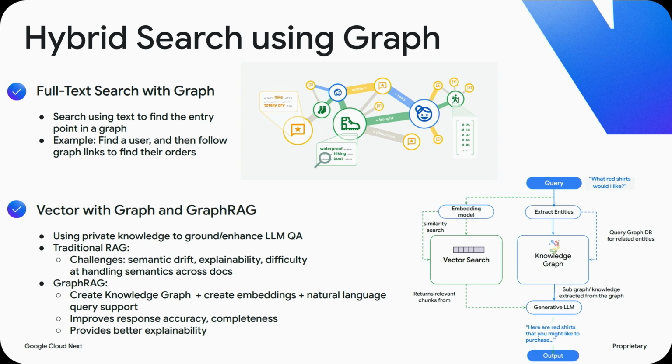What this allows us to do is make it very easy to combine your full text and vector with your graph. For the example at the top, a very common problem when you're doing graph-based usage is you want to do some sort of a traversal. You want to start with a node, and then traverse and see what are the other linked nodes to that node.